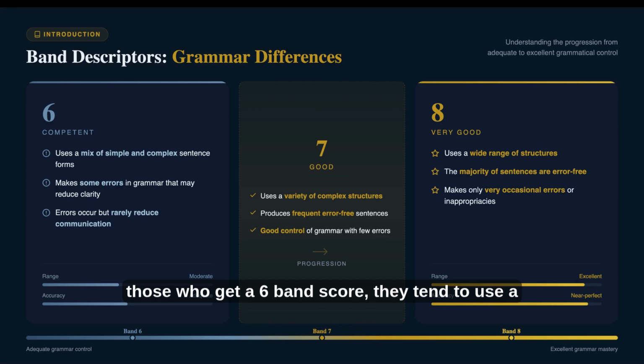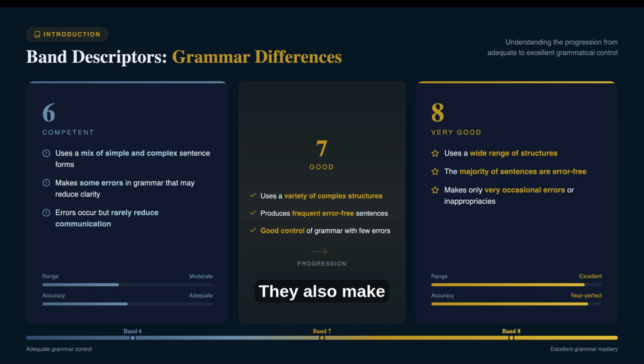Those who get a band 6 tend to use a mix of simple and complex sentence forms. They make some mistakes or errors in grammar that may reduce clarity. Mistakes occur but rarely reduce communication. So in this case, it is moderate and adequate, not bad, just a competent user of English.